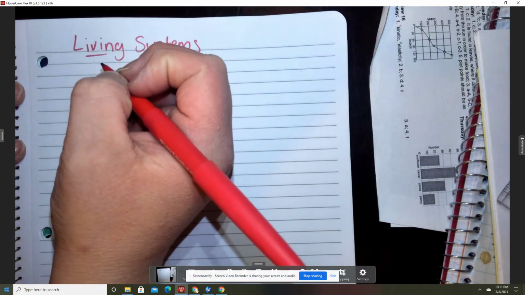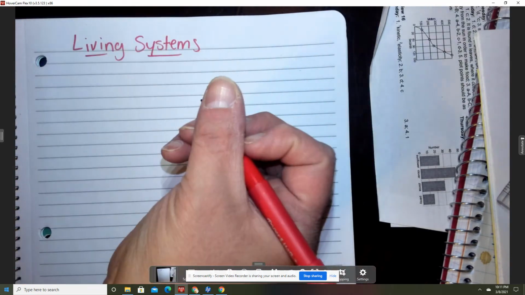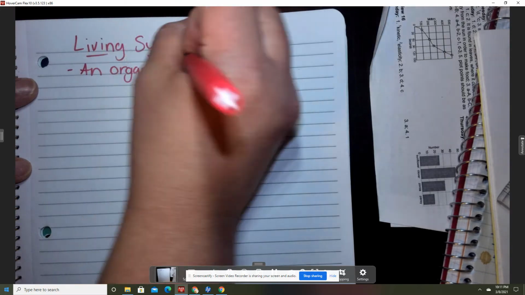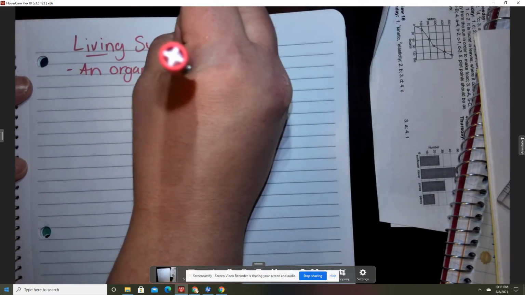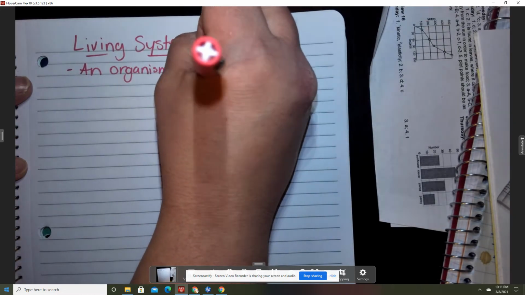So we're going to expand upon what you learned about yesterday a little bit. Okay. So a living system is, there's like tiers to it. So the beginning of it, step one, the first part of a living system, is an organism. So an organism is a living thing.